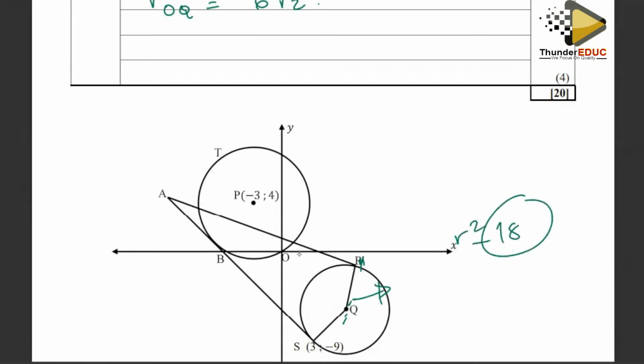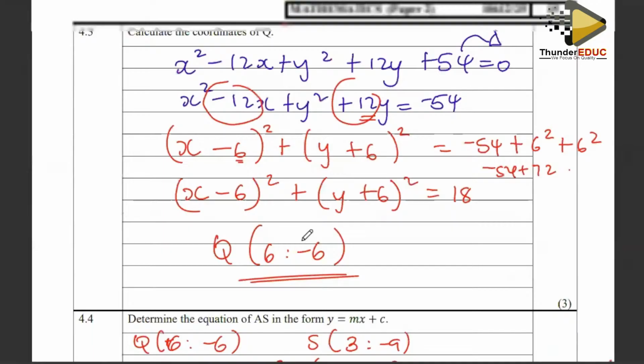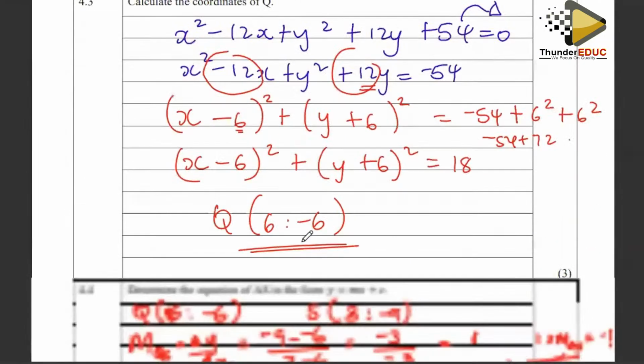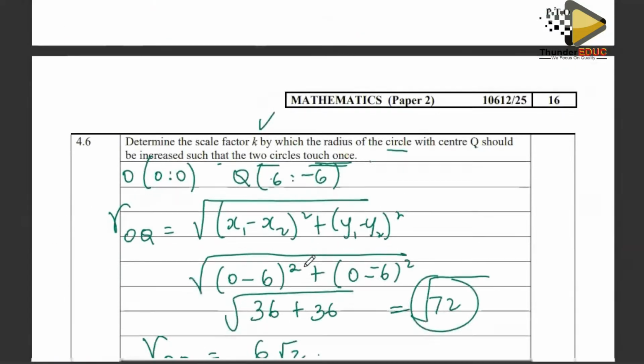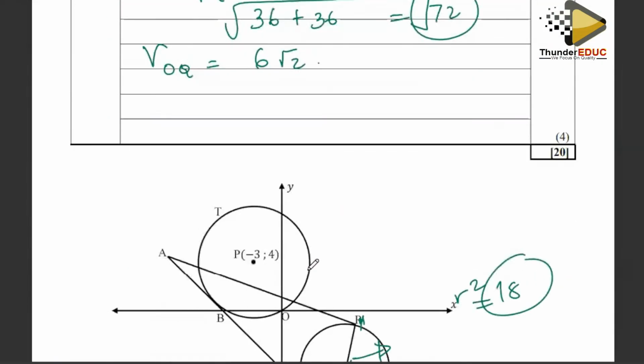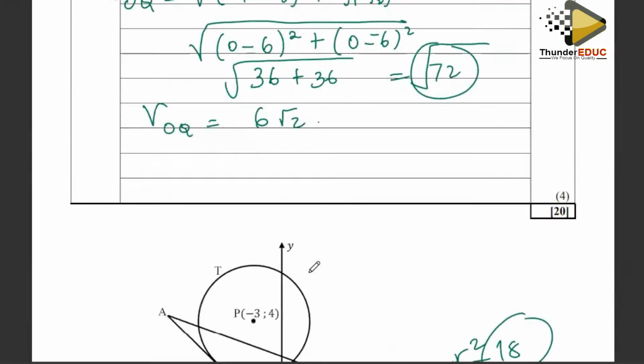R squared is 18. From the equation that we worked out, where was the equation? Here is the equation. R squared is 18. So I'm saying that my RQ is going to be the square root of 18, and the square root of 18 gives me just 3 square root of 2.